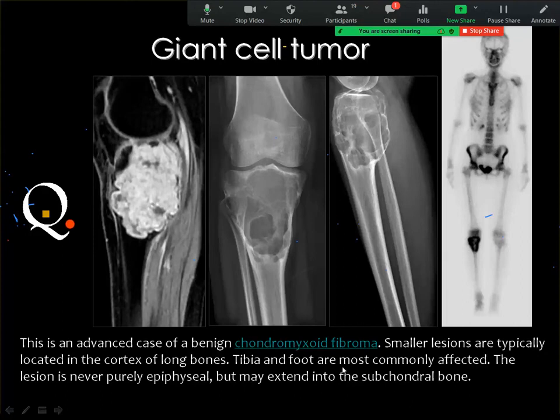You know that chondromyxoid fibroma is a benign lesion, while giant cell tumor is a locally aggressive tumor, which may later turn into a malignant lesion.